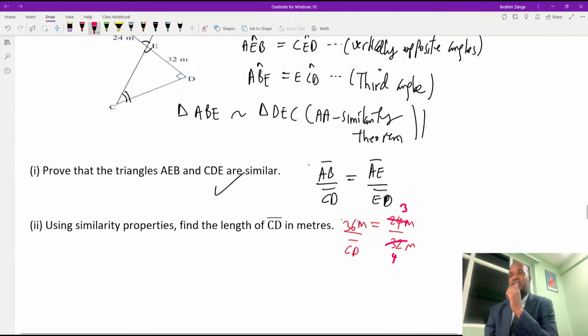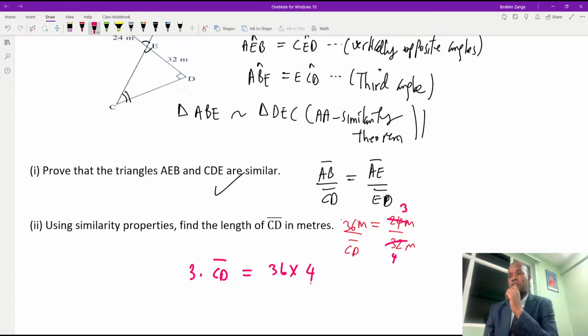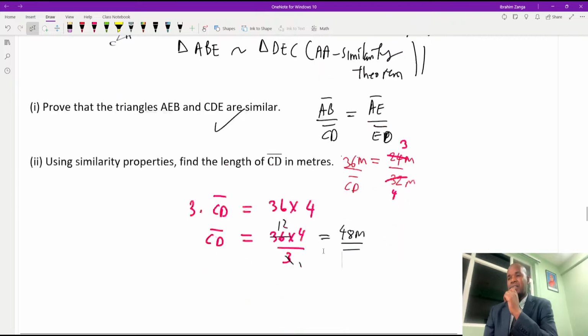So with the simplification and the cross multiplication, I'll be having 3 times CD equal to 36 times 4. And so CD will be equal to 36 times 4 divided by 3. When you simplify once again, by 3 will be 1, by 3 will be 12. So CD will be 48 meters, dear students.